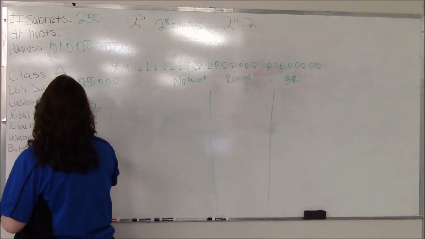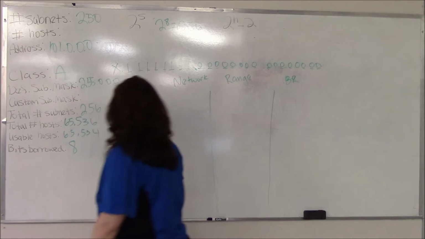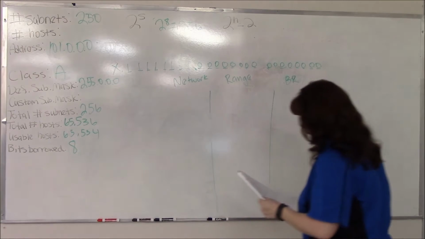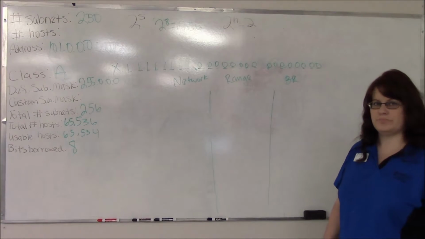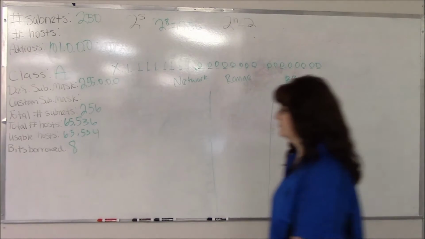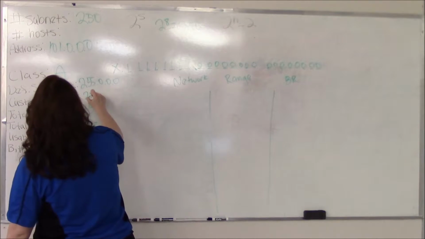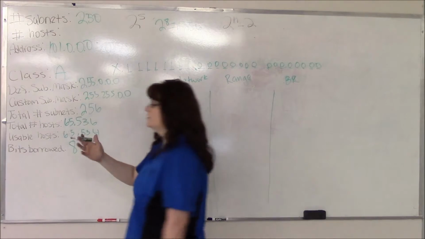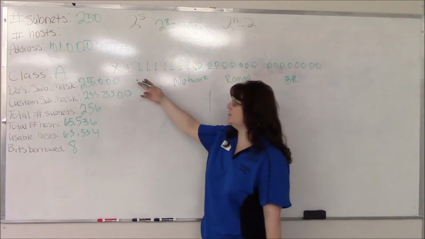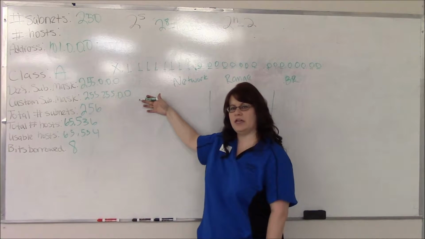And if you subtract 2, you get 65,534. What's my custom subnet mask? 255.255.0.0. So, they took a class A address and they subnetted it to look like a B.